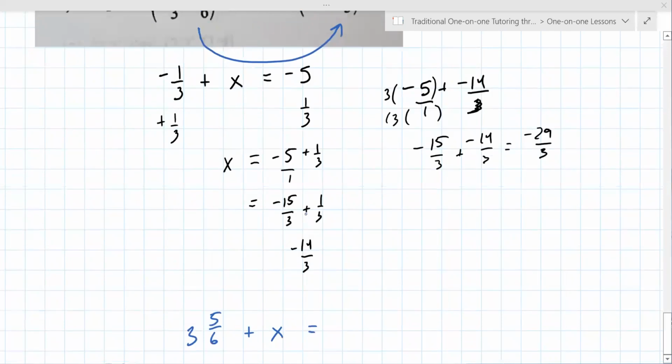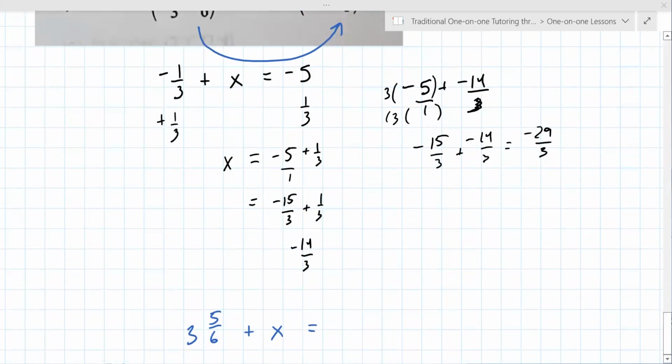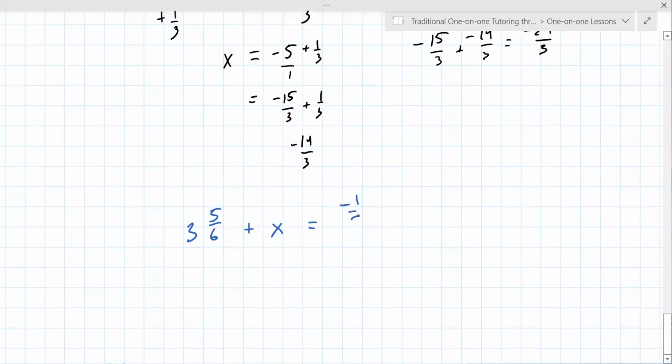What was that number? -1/5. So on the left here, you have to convert this from a mixed fraction to an improper fraction. So you take that 6 times the 3 and add the 5, that's 23/6. And then you subtract that from both sides of the equation.